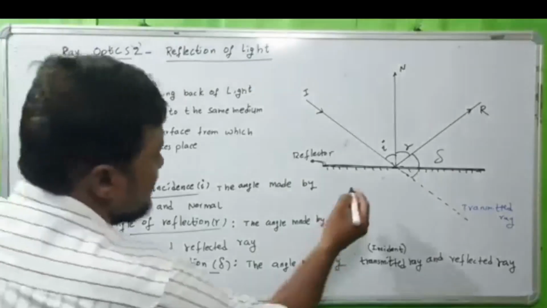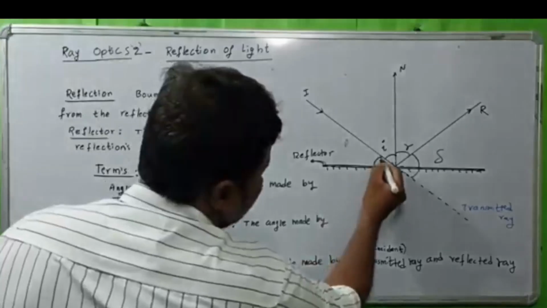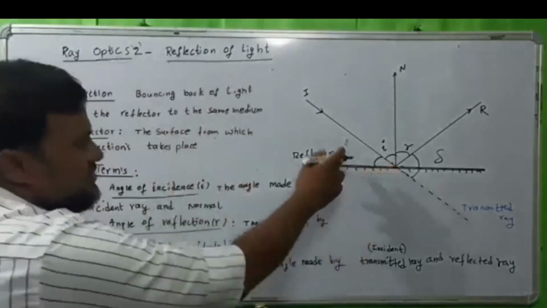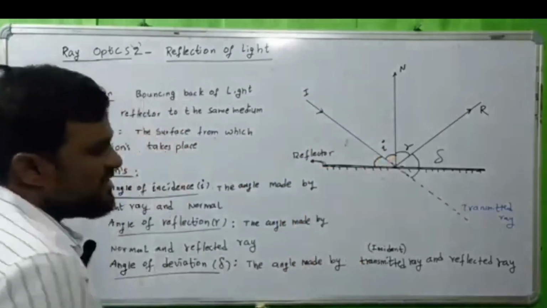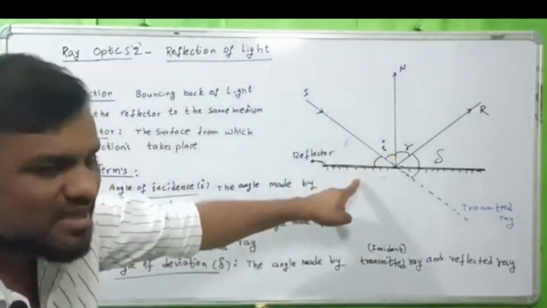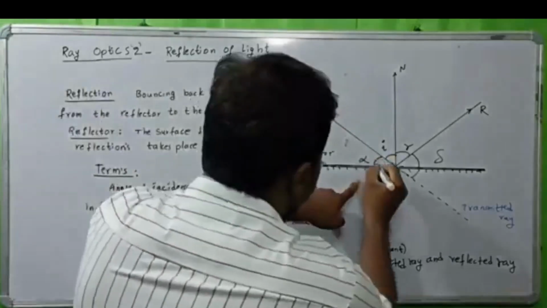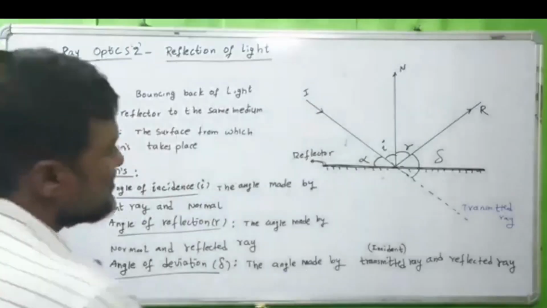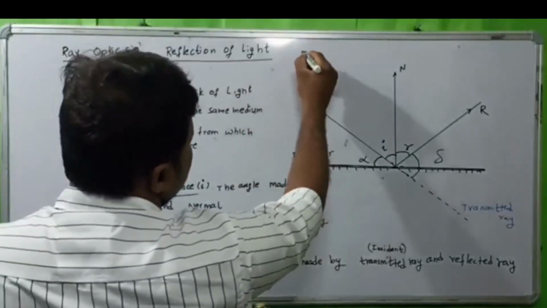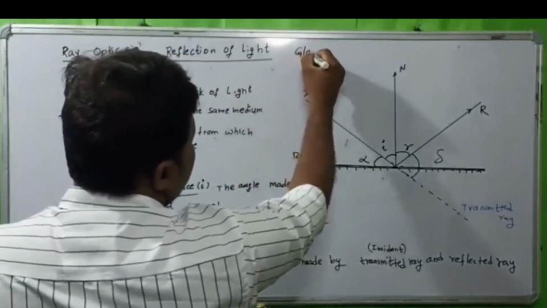And coming to this angle, what about this angle? Actually, this is the angle between the incident ray and the reflector surface, known as alpha. Here, alpha is treated as the glancing angle.